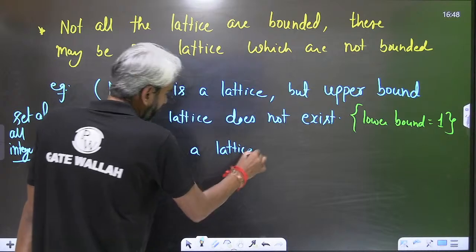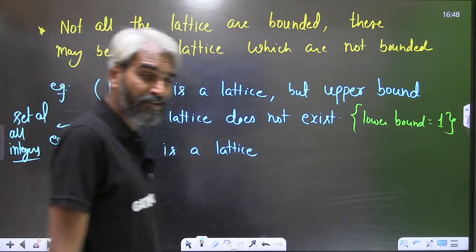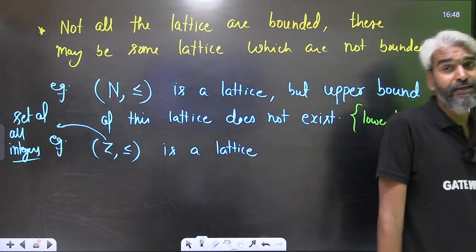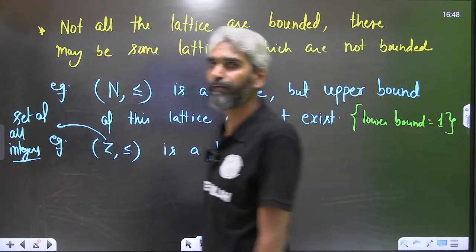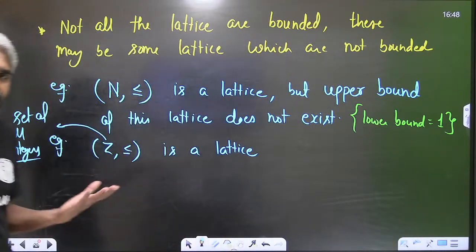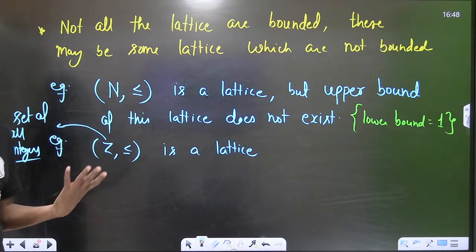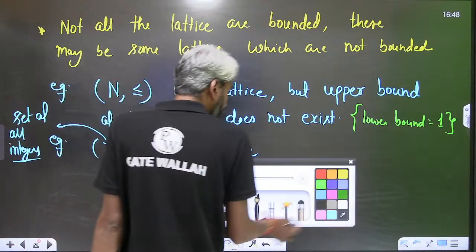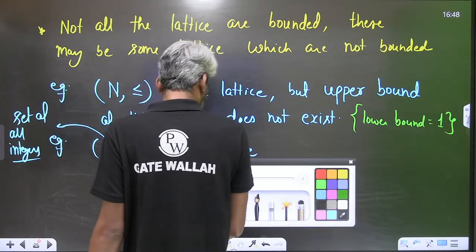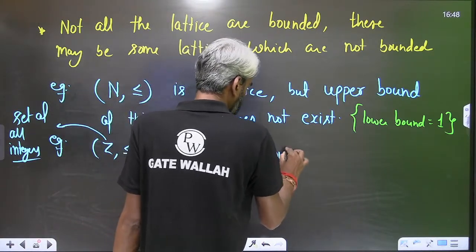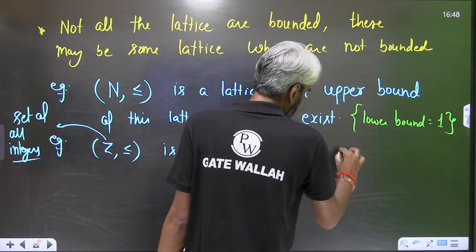If you take any pair of integers, one will be smaller, another will be larger. Therefore, the least upper bound and greatest lower bound will exist. But do we know the largest integer? Do we know the smallest integer? No, sir. So it is a lattice, but not bounded.